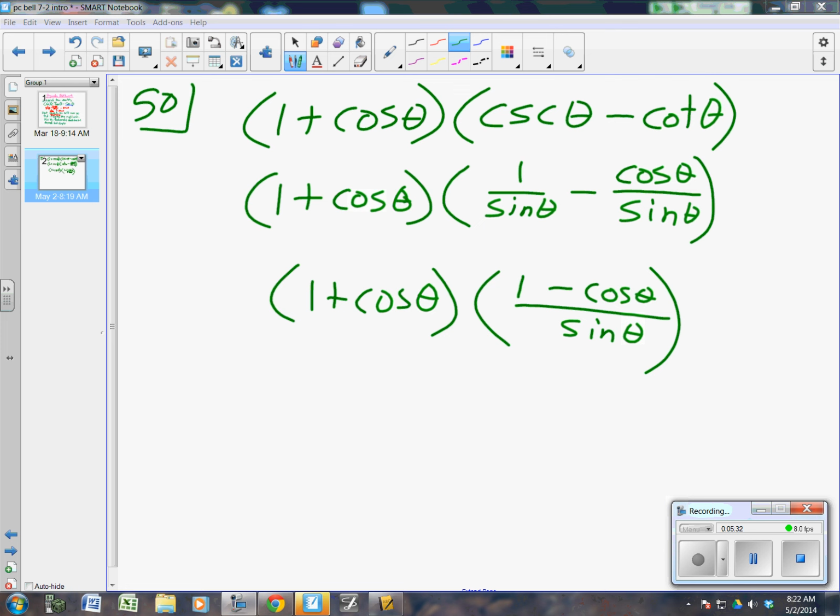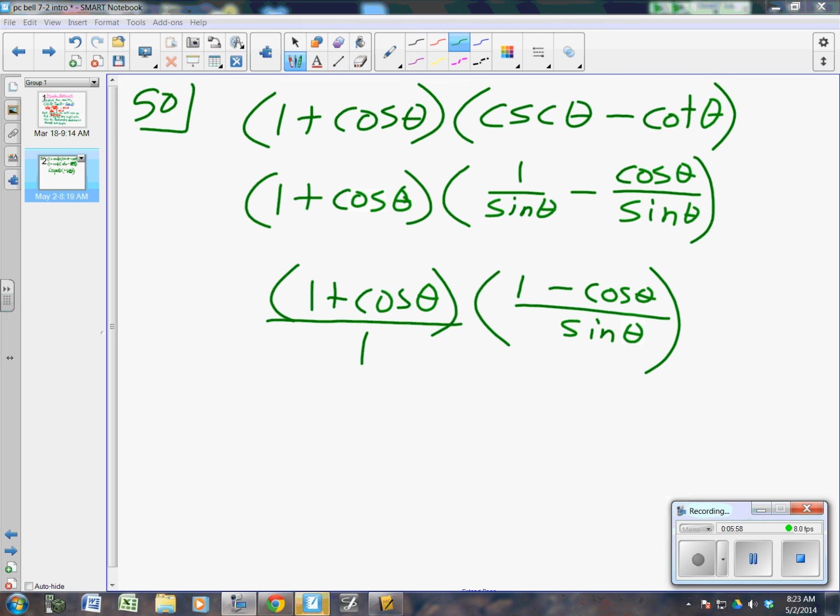Distribute. That's exactly right. I'm going to multiply this 1 plus cosine by the 1 minus cosine over sine. Since the right one is a fraction and the left one is not, I can make the left one into a fraction by putting it all over 1. When you multiply two fractions together, you multiply the numerators together, the tops, and then you multiply the denominators together.